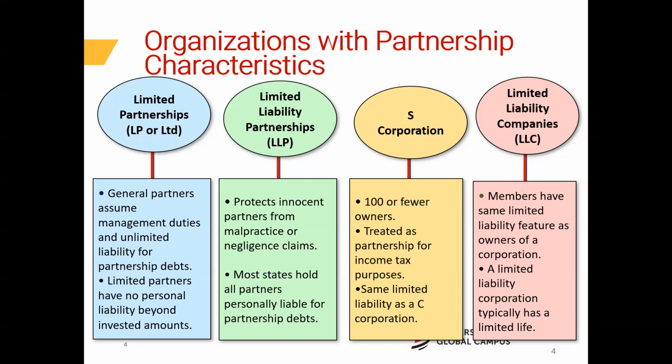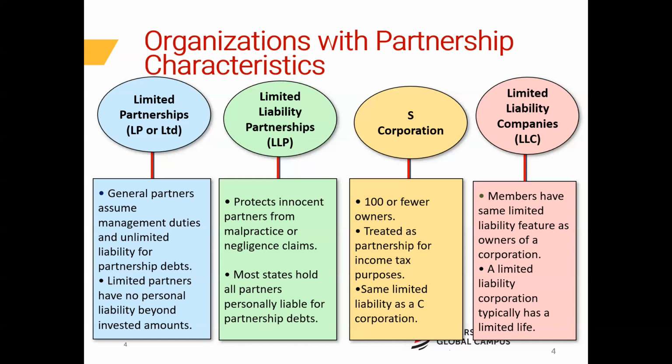Before we jump into the Articles of Incorporation, I want to touch on the different types of partnerships. You have an LP, LLP, S Corp, and LLC. These are the most common partnership forms of business. Limited partnerships: the nice thing with limited partnerships is it limits your liability.